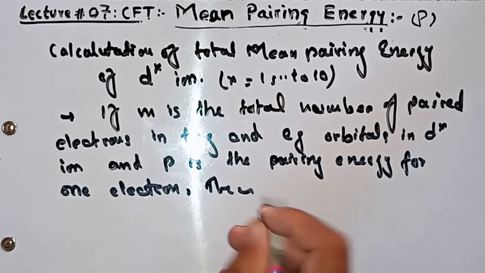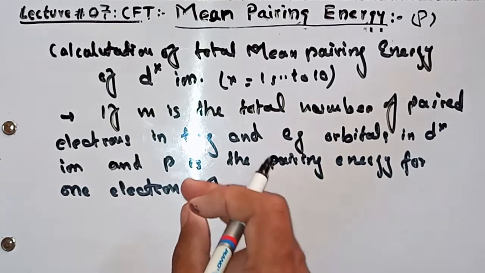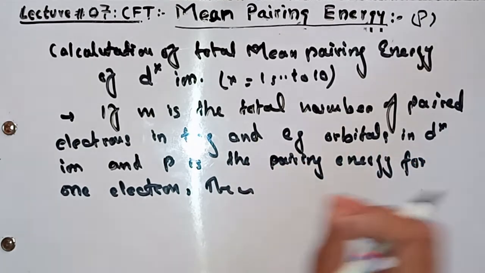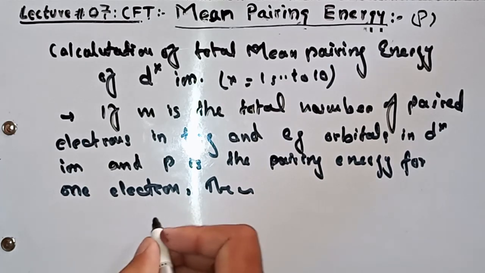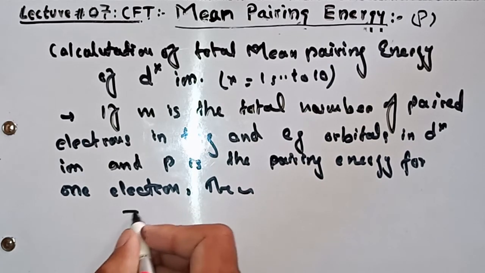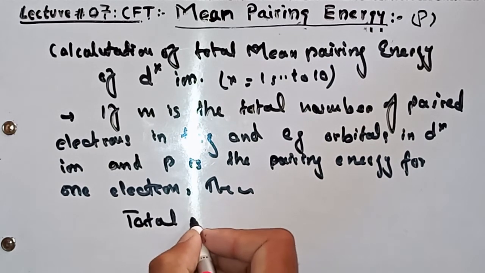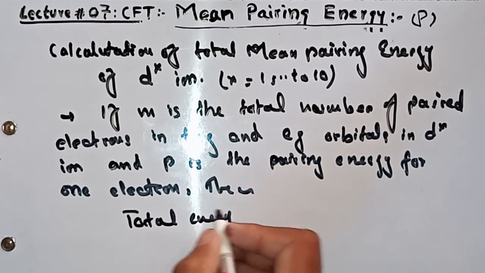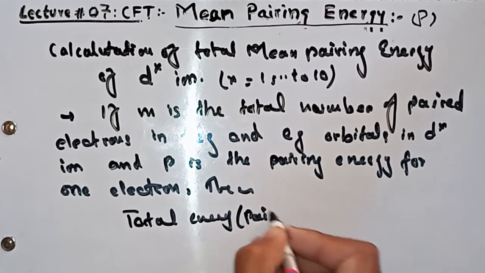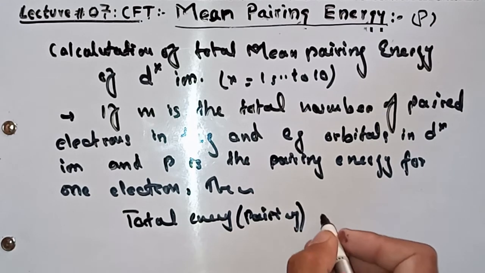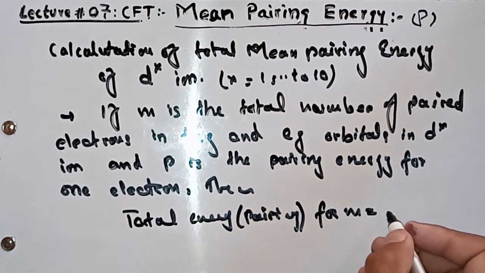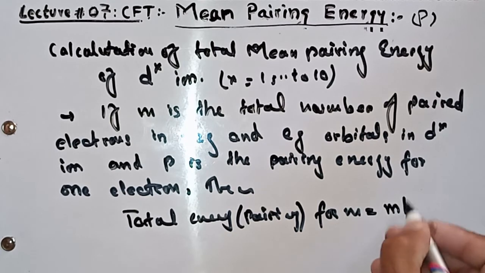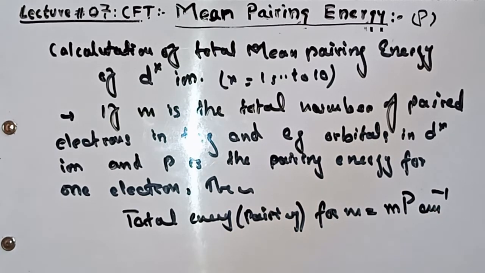If m is the total number of paired electrons in t2g and eg orbitals in a d^x ion, and P is the pairing energy for one electron, then the total pairing energy for m electrons will be equal to mP cm^-1. Is it clear?